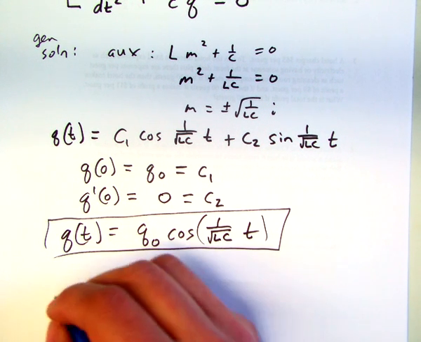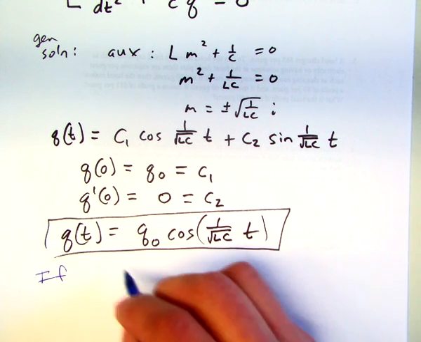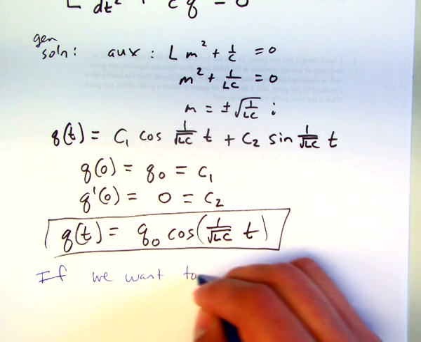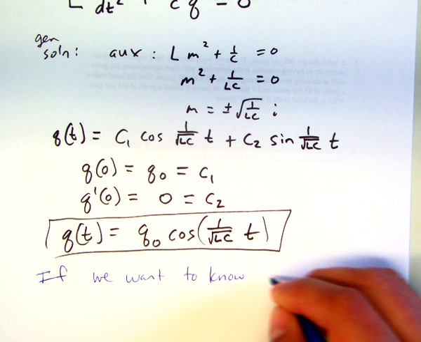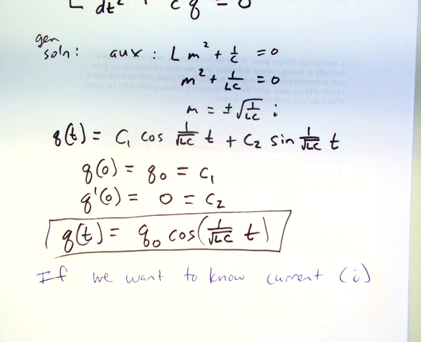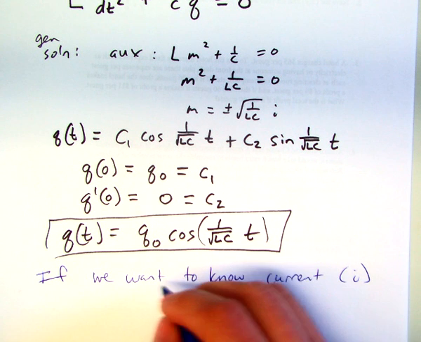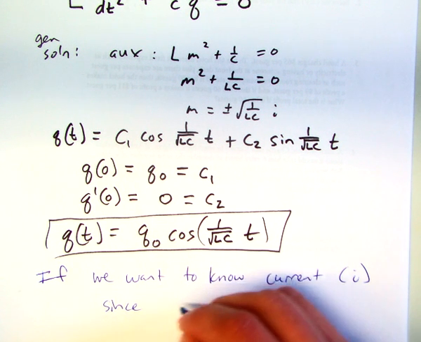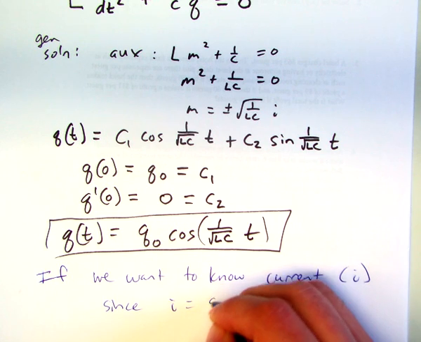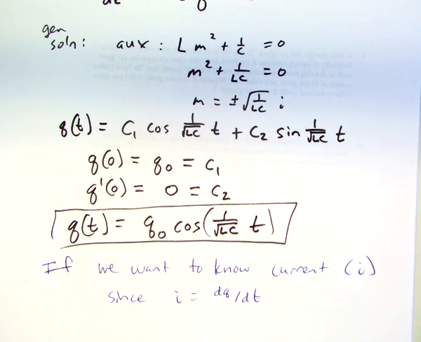If, this is the other thing they might ask, we want to know current, which is I, right? How do we do that? Just take the derivative. Good. Since I equals dq dt, we just take the derivative.